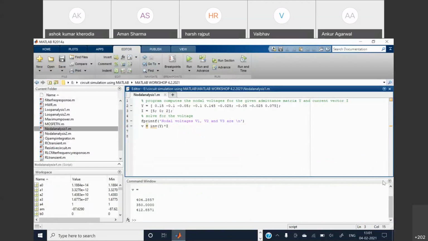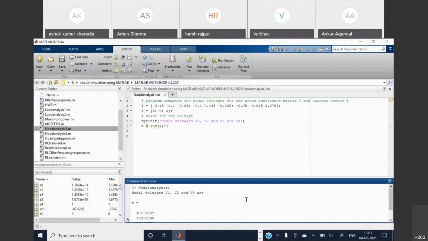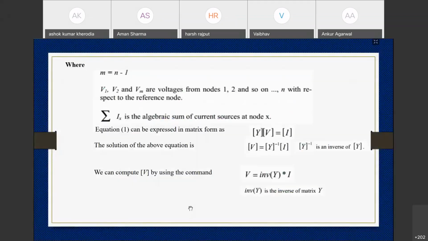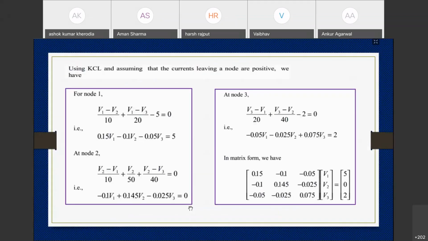Nodal voltages V1, V2, and V3 are, say, 404, 350, and 412 volt. In this way, you can find out node voltages if you have written the equations correctly. This will ease the solution. You need not do the paper and pencil work. If you have the equations, simply enter them and you can find out the node voltages.